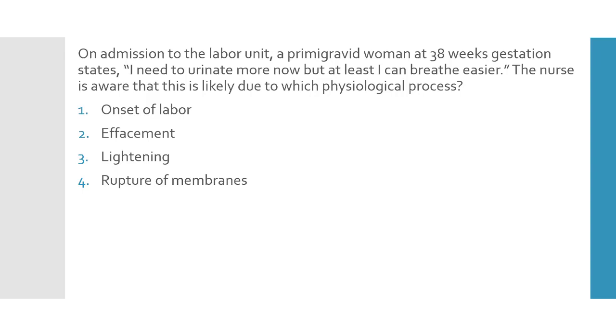Lightening occurs when the fetal head descends into the maternal pelvis, causing decreased pressure on the rib cage and increased pressure on the bladder. This creates increased ease of breathing and urination frequency. Number 4, rupture of membranes. This answer is incorrect because lightening may not be related to the rupture of membranes. Number 3 is the correct answer to this question.